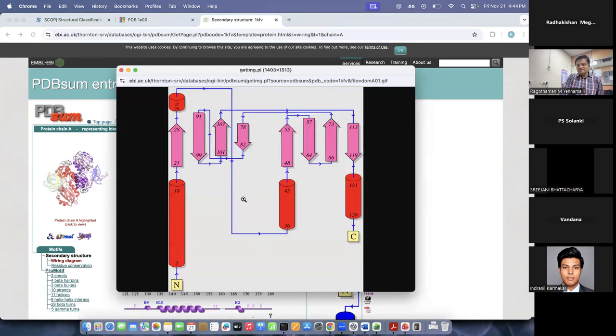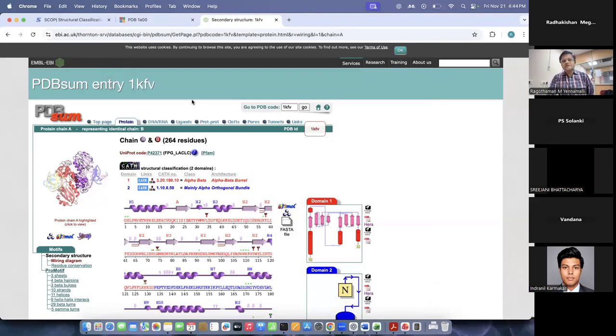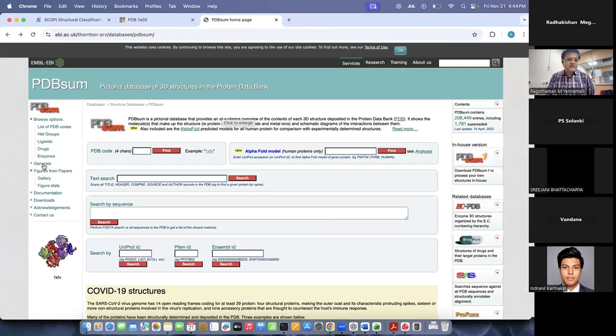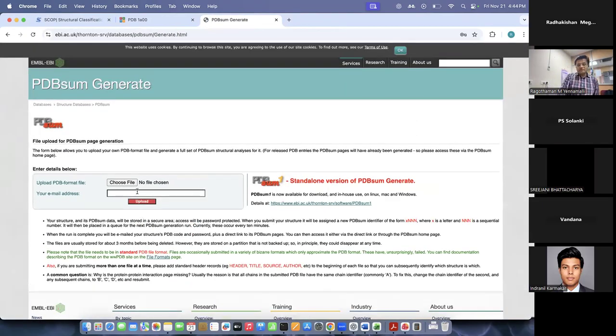Based on this topology diagram, you can find out what the major class is and what type of fold it folds as. Let us say this particular protein is something that is not there in the PDB, and you have to generate a topology for it. You can go to PDBsum and you will see this link here called generate. You upload your PDB file and give your email ID, and it will give you a topology for your protein.